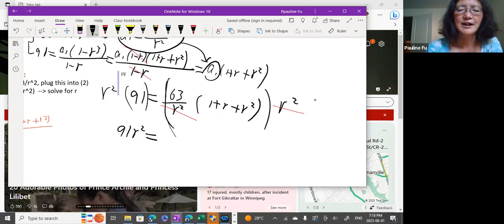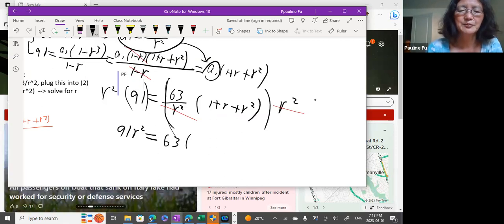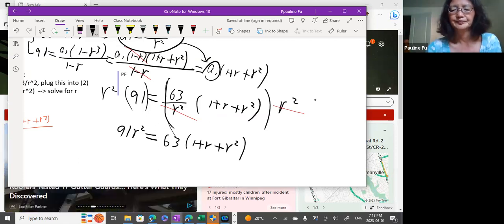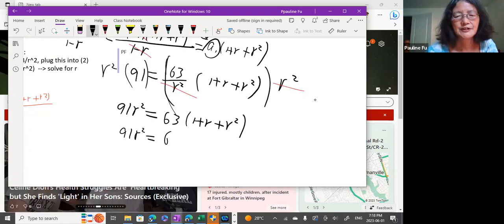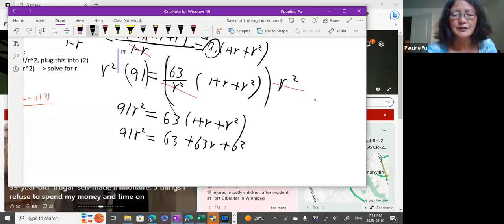And the right-hand side, you have 63 times (1 plus R plus R squared). Now keep on going. 91 R squared equal to 63 plus 63 R plus 63 R squared.